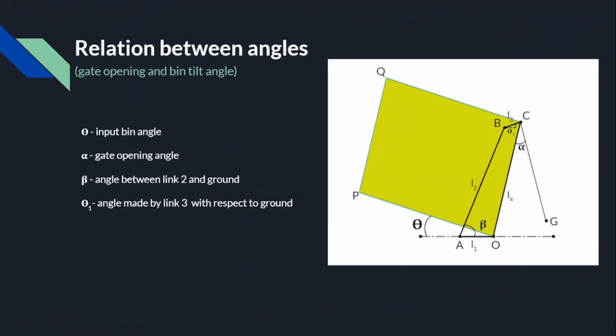Now I will be explaining the relation between the gate opening angle and the bin tilt angle. Here theta is the input bin angle, alpha is the gate opening angle, beta is the angle between link 2 and ground, while theta 1 is the angle made by link 3 with respect to the ground.